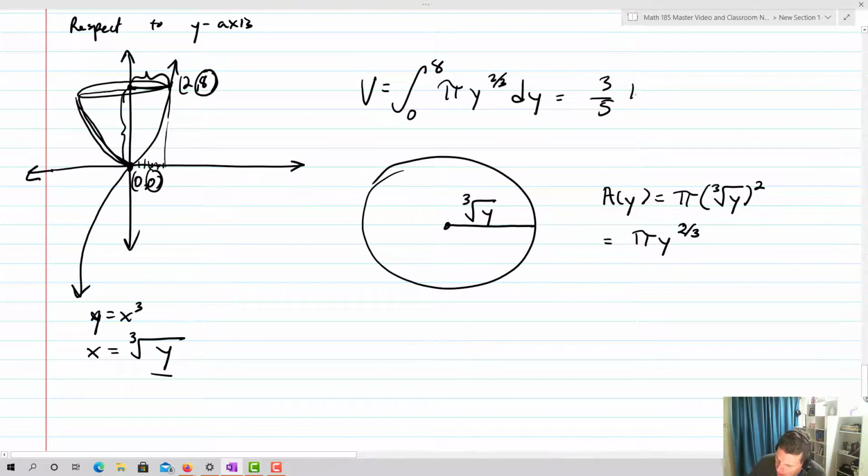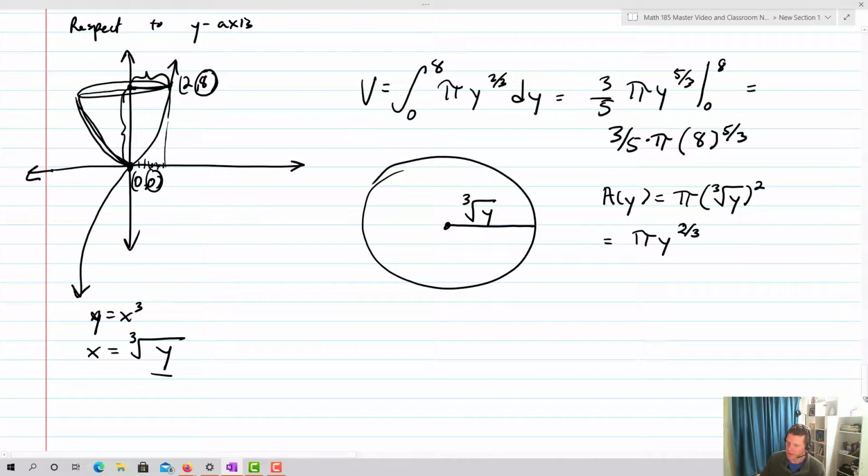3/5 pi y to the 5/3 evaluated from 0 to 8. And so this is 3/5 pi times 8 to the 5/3. And then, of course, minus a 0, because 0 to the 5/3 is just a 0. Okay? So let's make sure this is right.